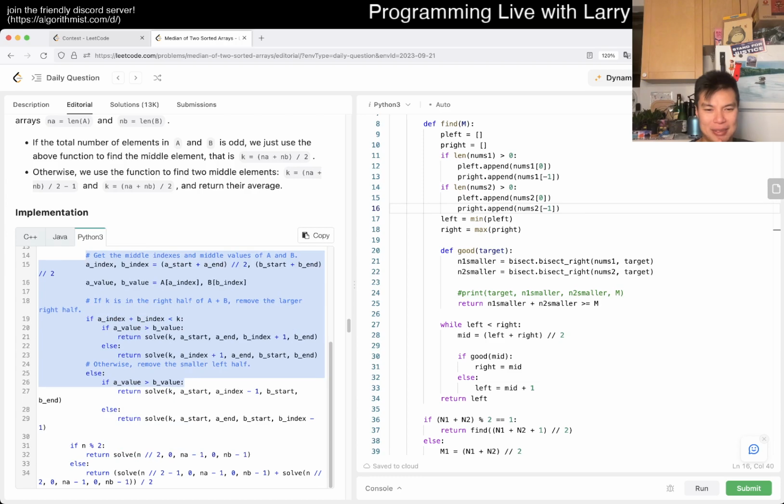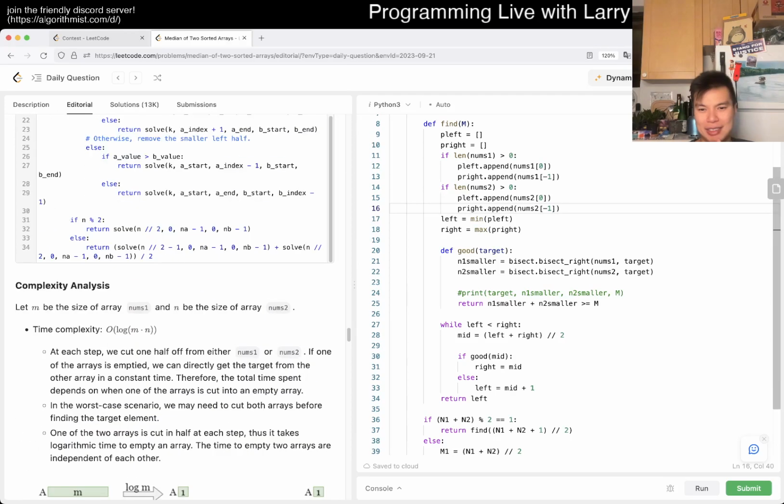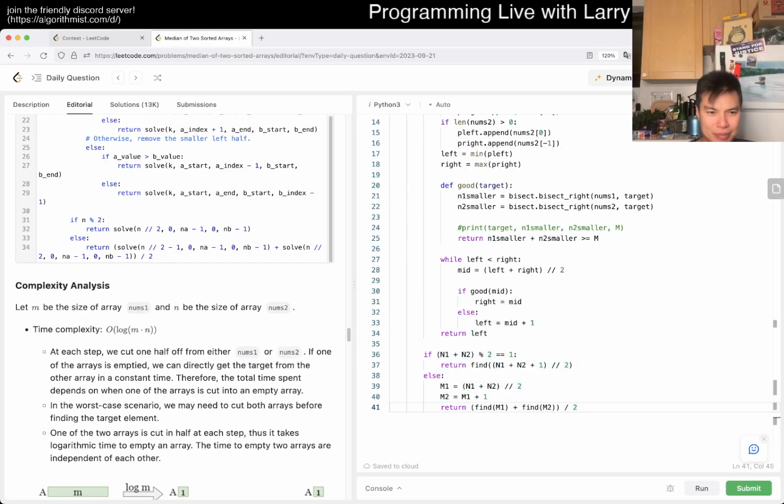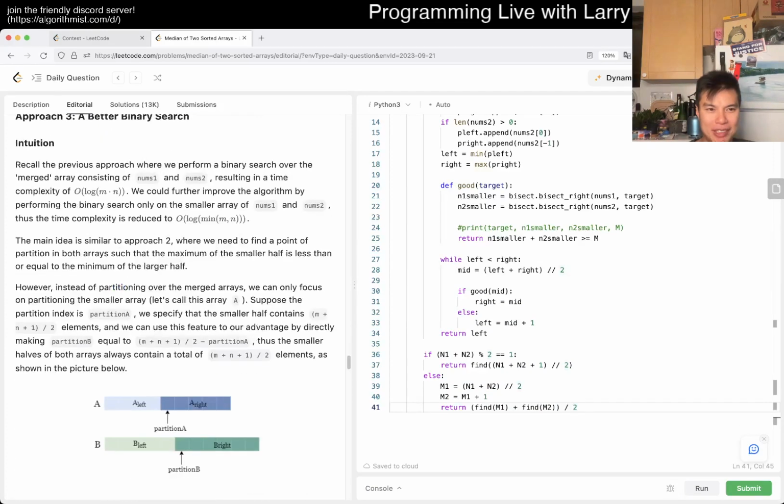I guess I had the idea, but not that. I guess I did figure this out a little bit better after that. But in the same way that we could have just done this, but I don't know, a better binary search.